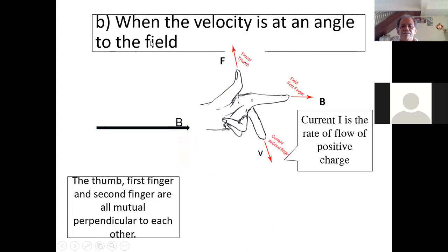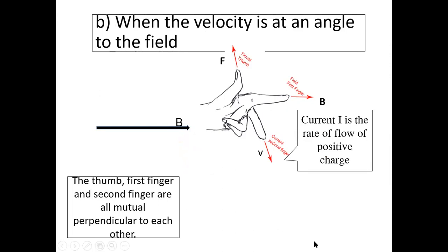Okay, so that summarizes it for you. Velocity and angle, the same thing. Thumb, first finger, second finger, all mutually perpendicular to each other. Current is the direction of positive charge, that's the velocity direction of the charge. So if that's your field to the right, and that's the velocity there, where's the direction of the force?